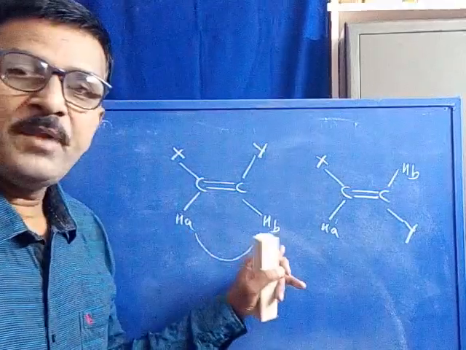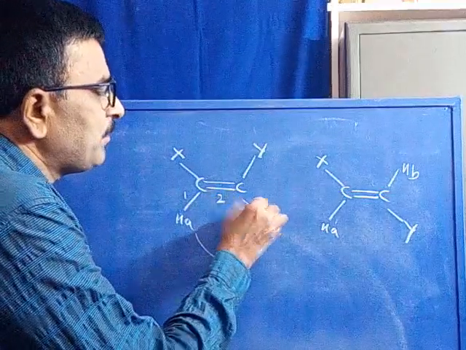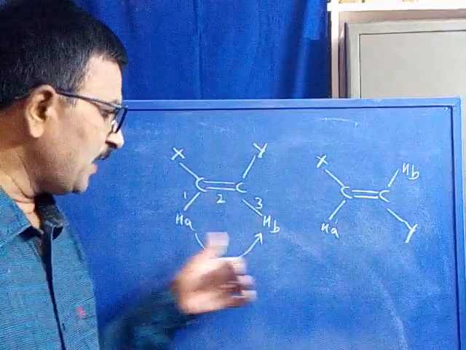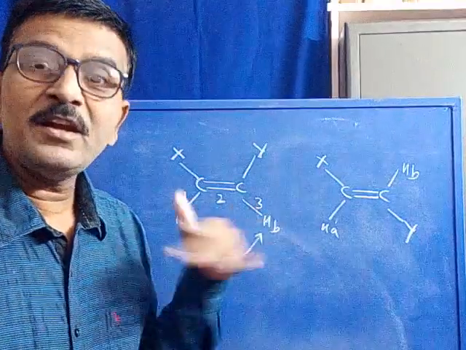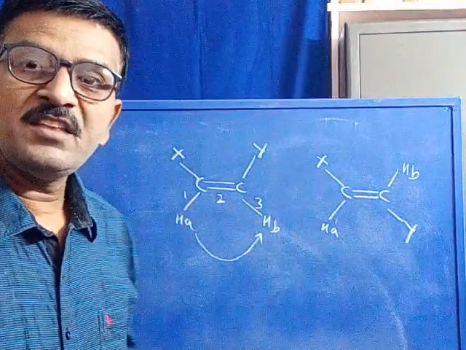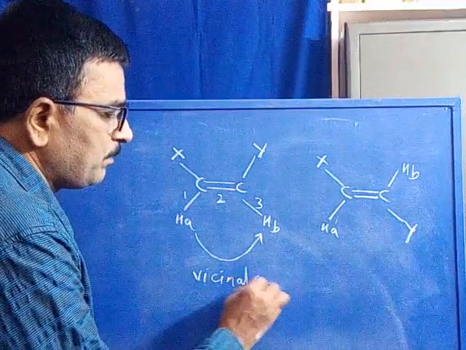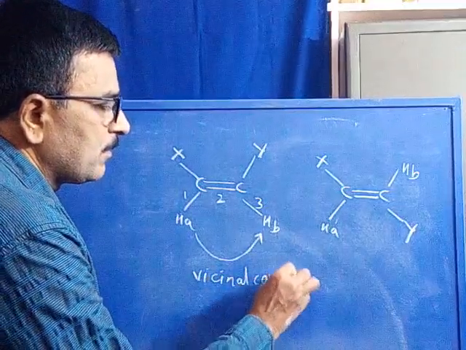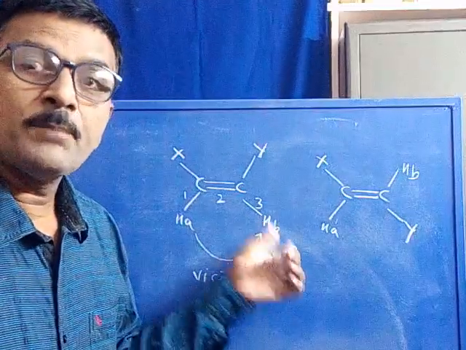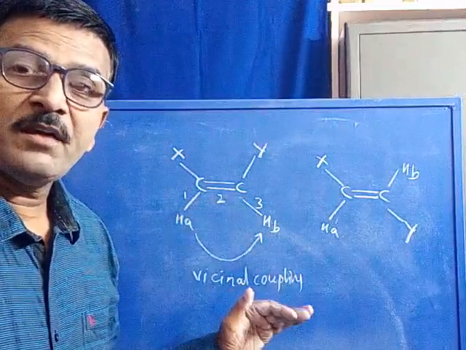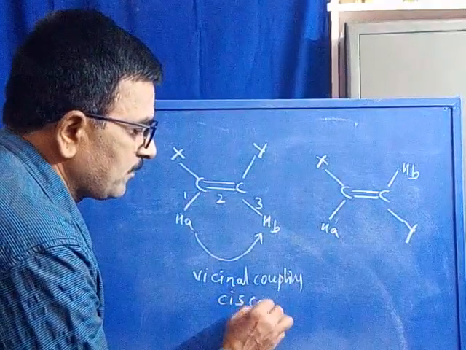Now, between AB protons, there are one bond, two bond, three bonds. Therefore, it is vicinal coupling. Further, AB protons are coupled on the same side of the molecule, hence it is cis coupling.